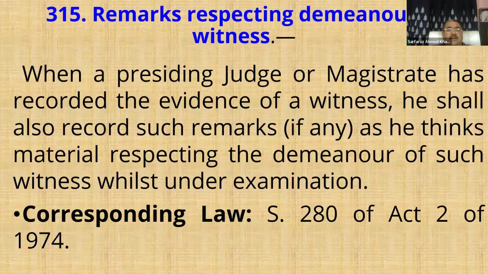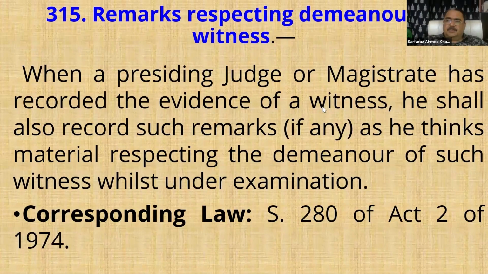So then you have 315, remark respecting demeanor of a witness. Now it was earlier 280. Remember when it uses the word demeanor, it is basically the outer expression of a person. So his movement in the court, the way he speaks in the court, the way he gives evidence in the court.